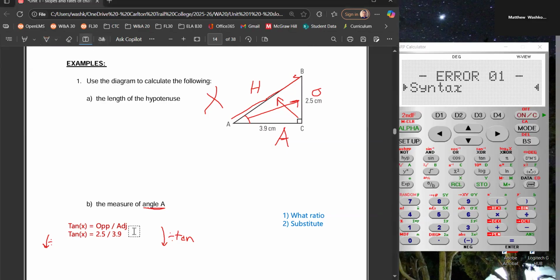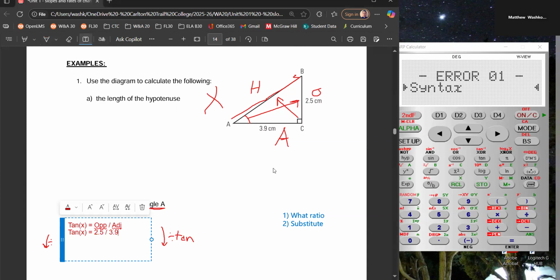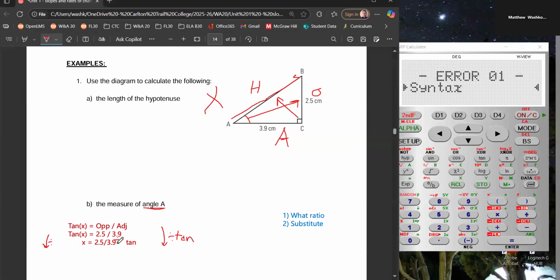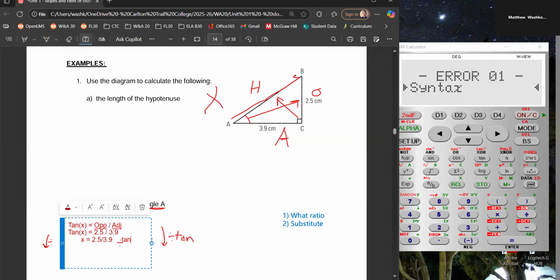So instead, what your calculator needs to do is, first off, let me just write this in. So it's 2.5 divided by 3.9, and that's all divided by tangent. That's what's supposed to happen here.